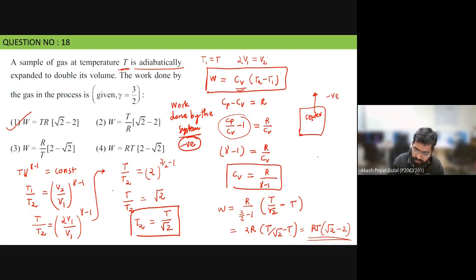If some heat is added to the system, it means the system is gaining something. If it is gaining, it is positive. You can remember it that way. So in chemistry, we use the system-centric approach. Answer is A. Fine.